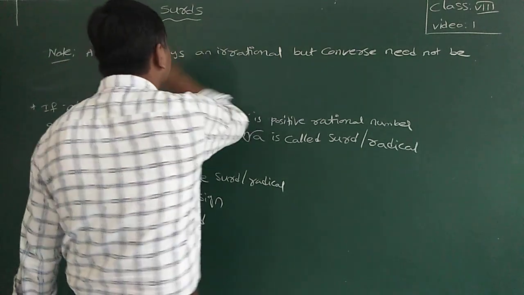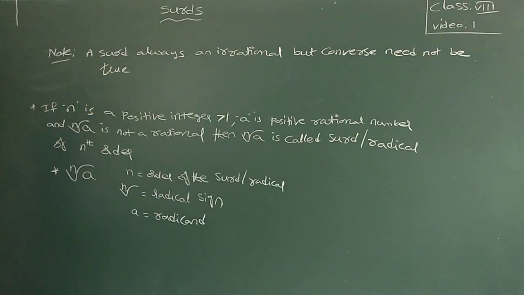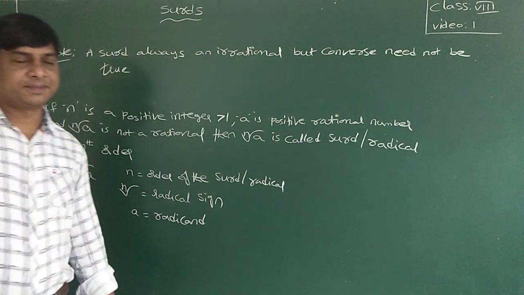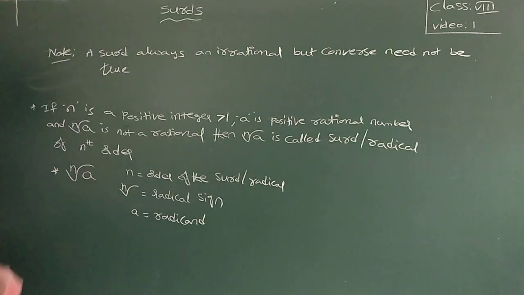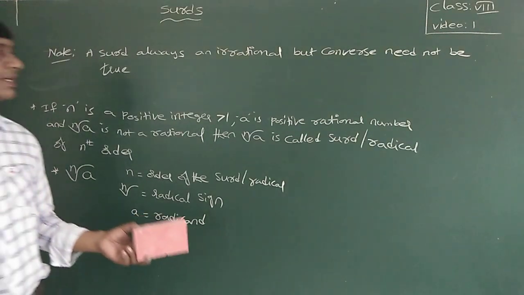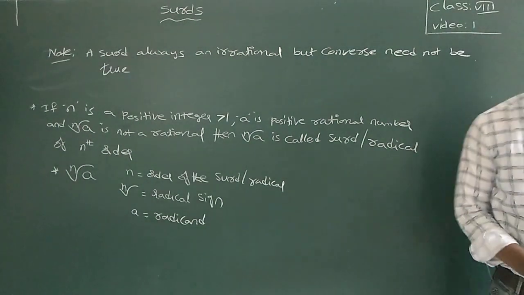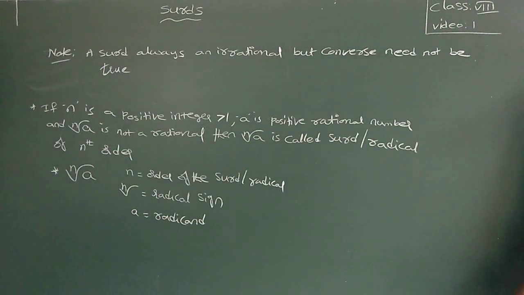Converse means an irrational number may not be a surd. A surd is always an irrational number, but the converse need not be true.